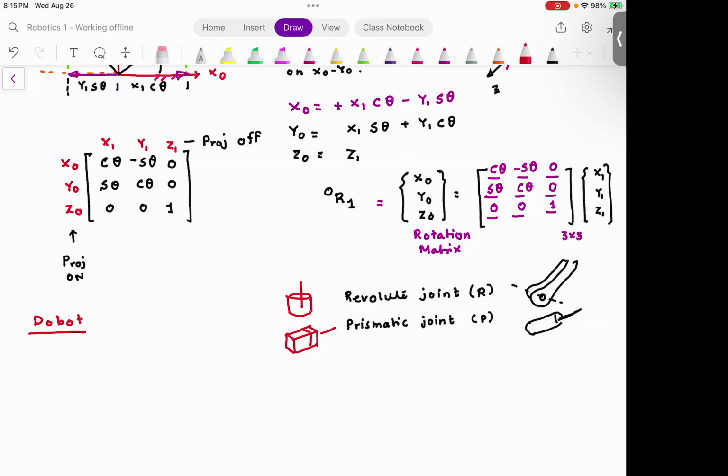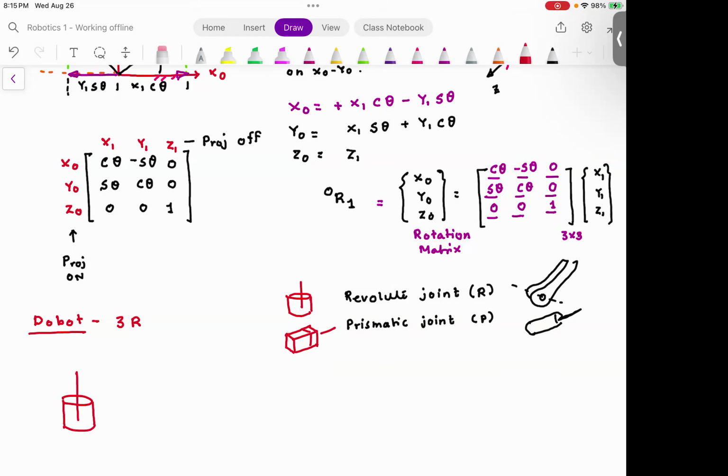So you agree with me that the DoBot is a 3R robot, which means there are 3 revolute joints. Now my question to you is, how are these revolute joints arranged? If you look at the kinematic diagram for the DoBot, you have the first revolute joint, which is in the vertical direction.